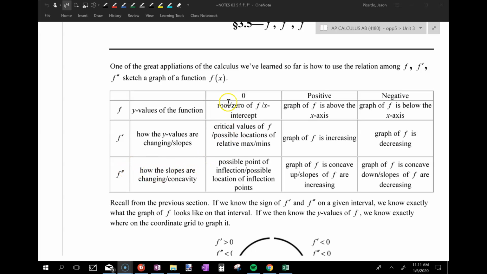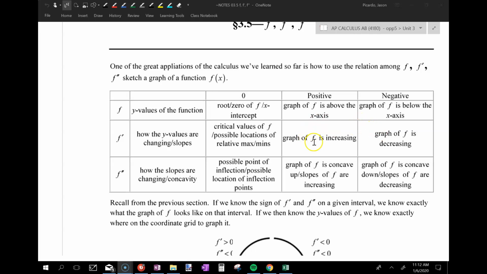The second derivative equals 0 is where we have PIPs, potential inflection points, right? Now, again, I said these are possible extrema. These are possible inflection points because we don't know if that happens unless we look at increasing versus decreasing, right?